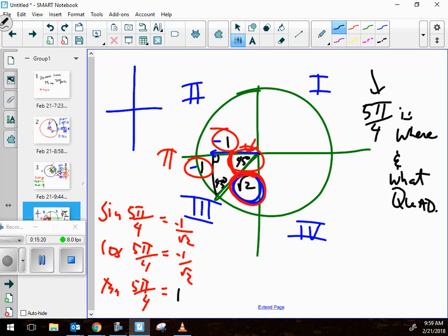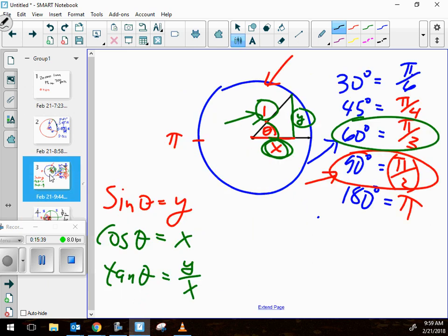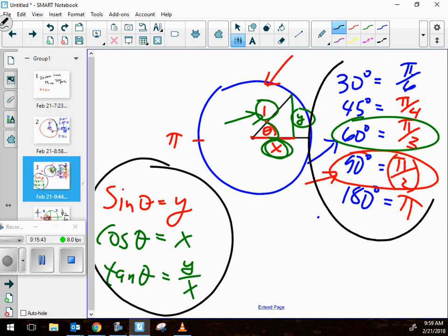Now notice that the sine came out negative here, cosine came out negative here, the tangent came out positive. Why? Because we divided two negatives. Tangent was the only one that was positive in that quadrant. That's the next thing that I need to teach you. Just like we had a list of handy things like here, sine is y, cosine is x, etc. And here, which is all the basic ones, you've got to have those memorized.